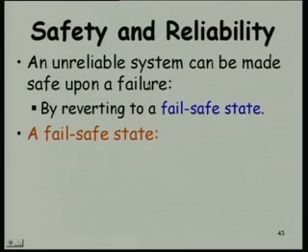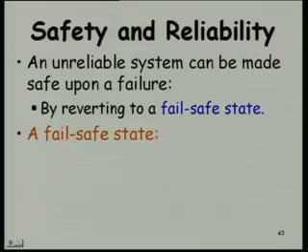In a traditional system, you can make an unreliable system safe by reverting to a fail safe state. Let us take the example of a word processor. You had valuable data and it was unreliable, but before it crashed, it just saved the data. So, there is a safe state for that. If it fails in the safe state, all data has been saved, then you do not lose much.